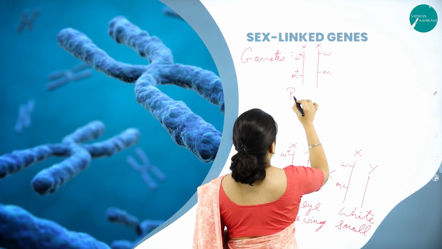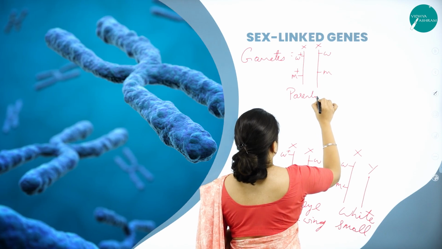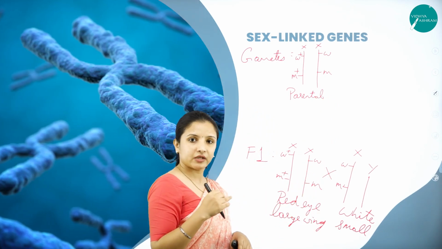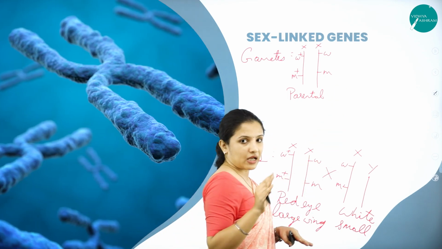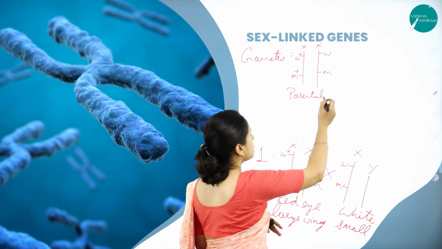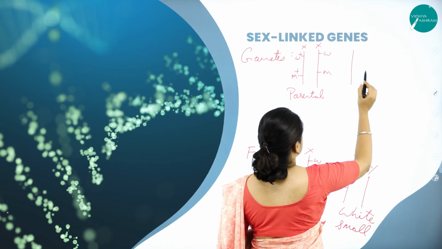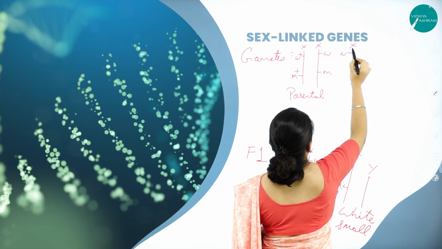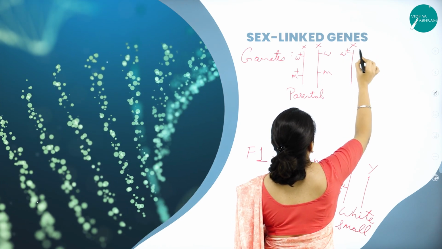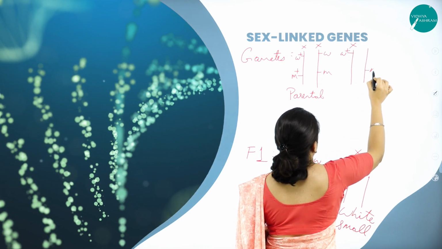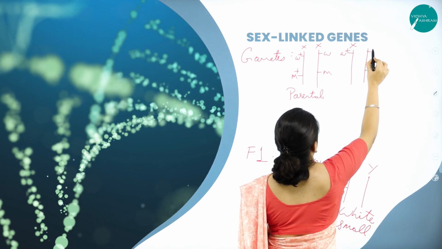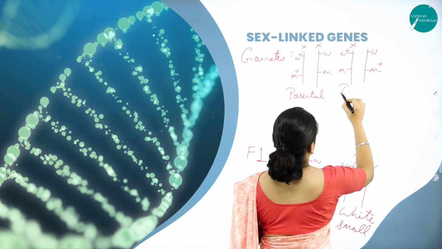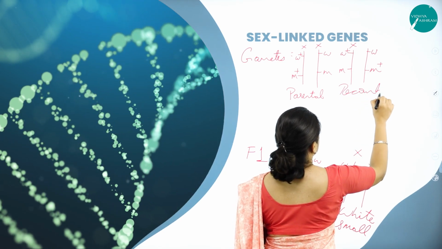So these are parental. Next, recombination will occur, exactly like how it had occurred in the previous experiment. The gametes will undergo recombination, that is exchange of chromosomes or crossing over, wherein X, W plus, M plus, here we have W and M. This is one set, that is recombinant.